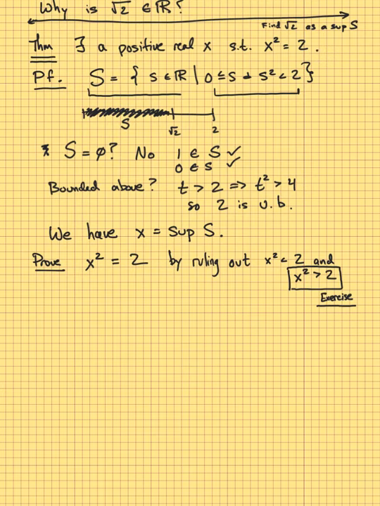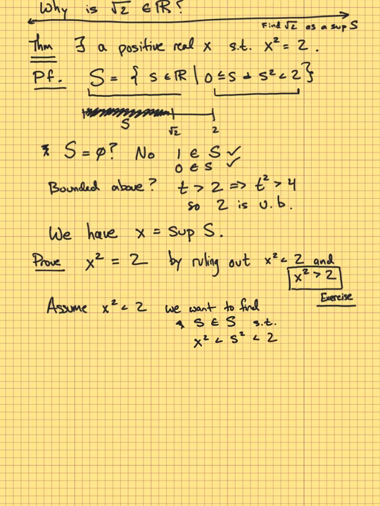So how do I want to do this? So assume that x squared is less than 2. We want to find, maybe I'll say, an s in S so that x squared is less than s squared, which is less than 2.